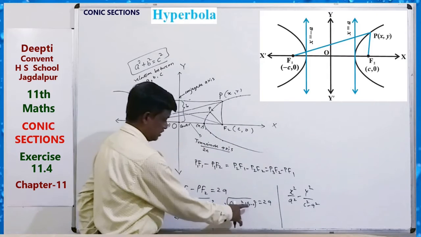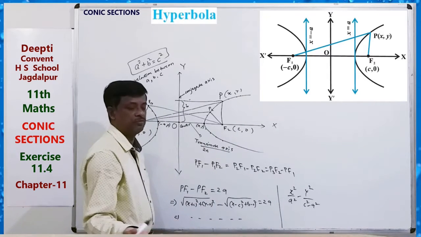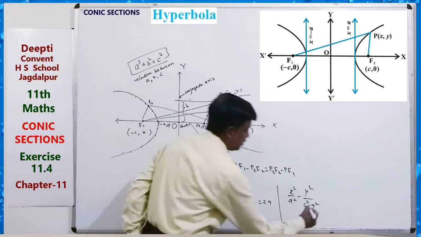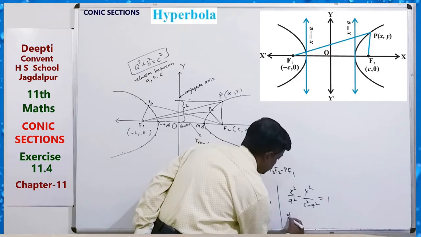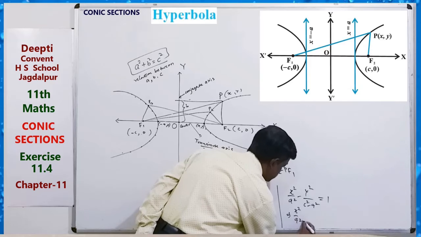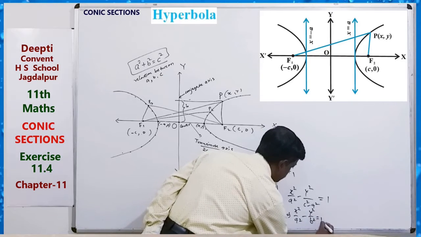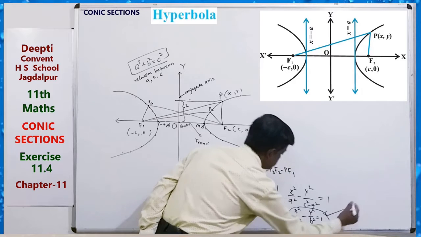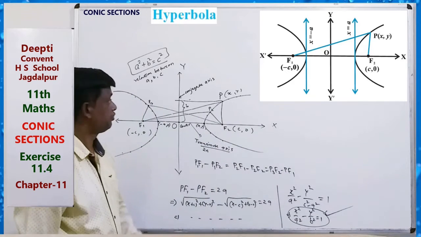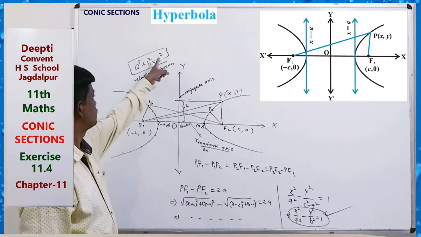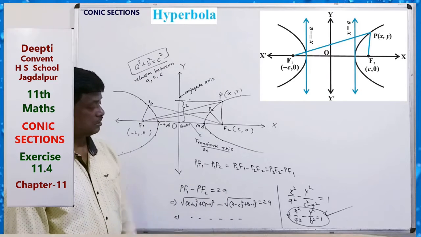Because here a and c are involved, we can get this equation. So we can write x square by a square minus y square upon b square equals 1. This is ellipse. Sorry, hyperbola. Just from here, c square minus a square equals b square. So this is hyperbola.